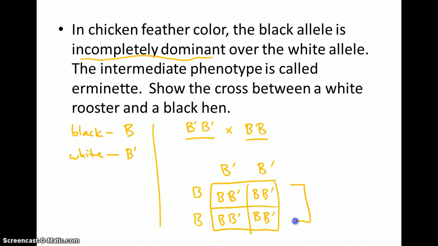So if I were to do my genotypic ratio, I could just say they are all B B prime. My phenotypic ratio, they are all that erminette color. Alright, that's the blended intermediate phenotype.